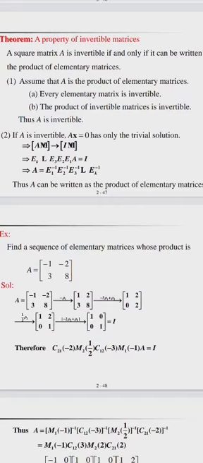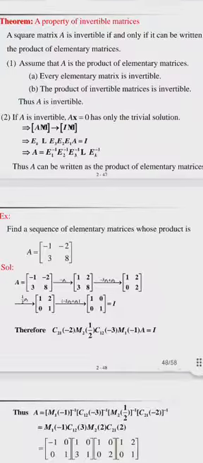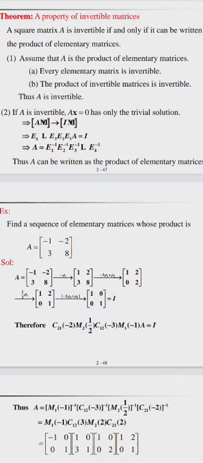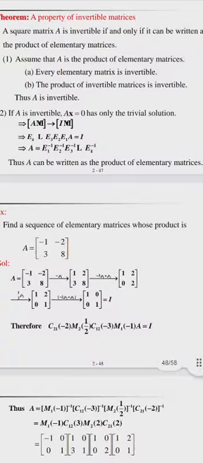Taking the elementary matrices to the right hand side as inverses, A equals E1 inverse, E2 inverse, E3 inverse, etc., Ek inverse. So A can be written as the product of elementary matrices.